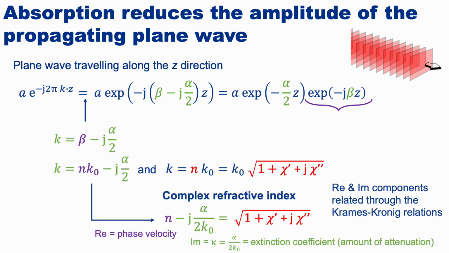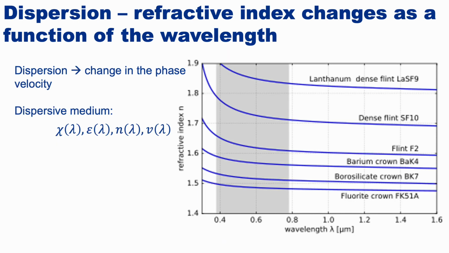But overall, what's important in this class is identifying that we have in general a complex refractive index, where the real part of the refractive index is related with the phase velocity. The imaginary part is related with the extinction coefficient, or the amount of attenuation. And at the end, we're going to see that the real and the imaginary components are related through the Kramers-Kronig relations.